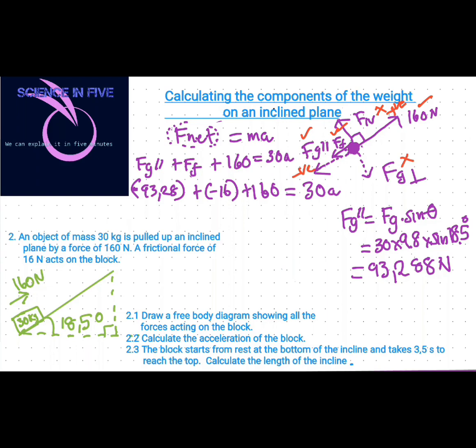Add all those forces, but bearing in mind that some of those forces are negative and some of those forces are positive. So here I end up with 50,712 is equal to 30 of A.